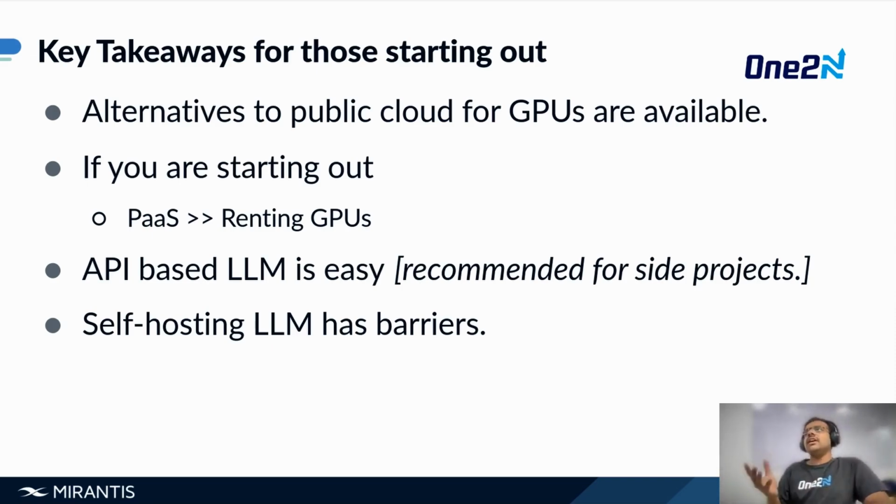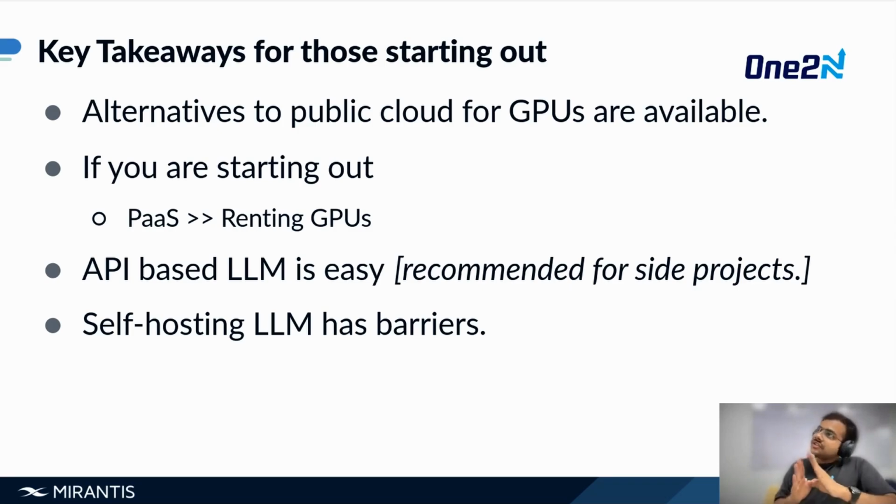And if you're starting out and your project is still an MVP, it is actually easier to go via a platform as a service like Pen2ML than actually renting GPUs. API based LLMs, for example, you have APIs for OpenAI models, you have Claude, Anthropic models. That is easier and actually recommended for side projects.